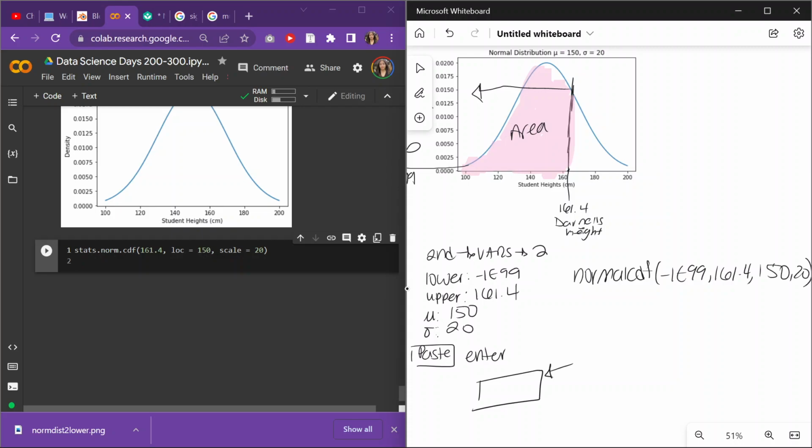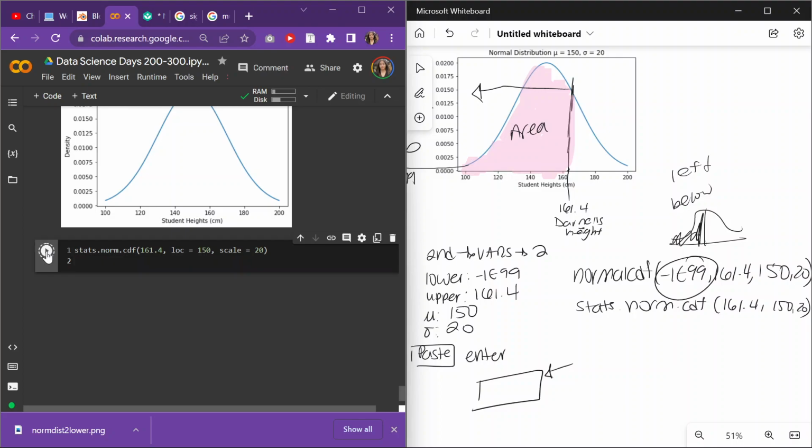This is the same as what I have on the screen over here, stats.norm.cdf 161.4 150 20. That's the same, because it calculates the area from that point to the left, or below. But we'll talk about one where it's higher.